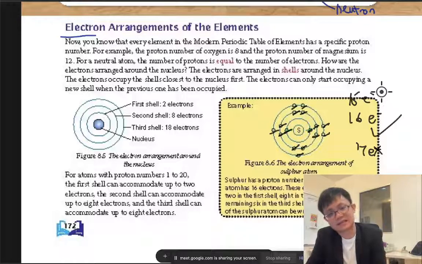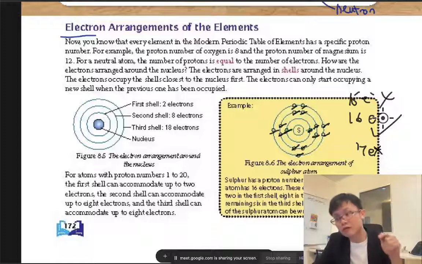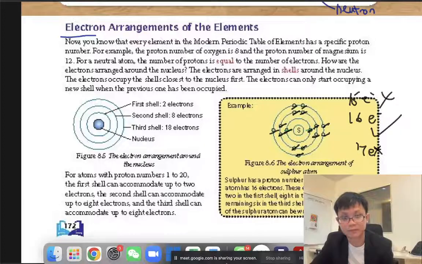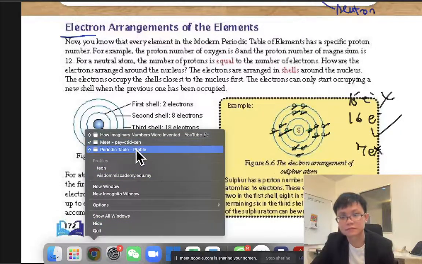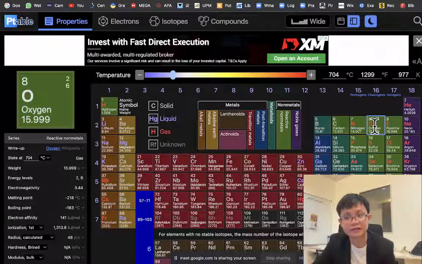So just in case the question asks you to draw the electrons, how do you know? You need to refer to the periodic table, where the periodic table says that it is 16. Let's say the question asks you to draw the electron arrangement for oxygen. So let's try to draw oxygen.